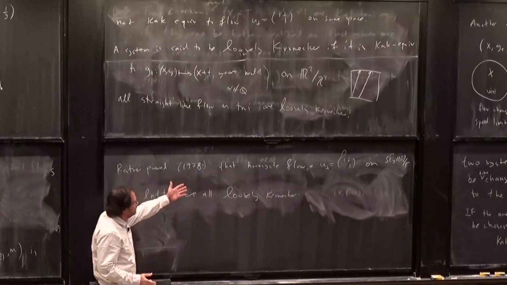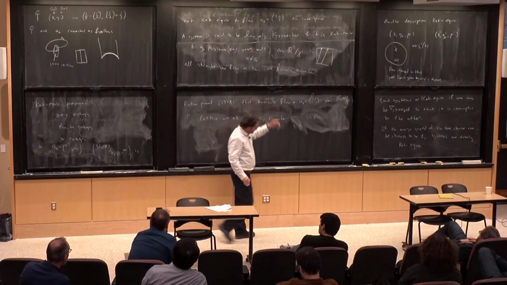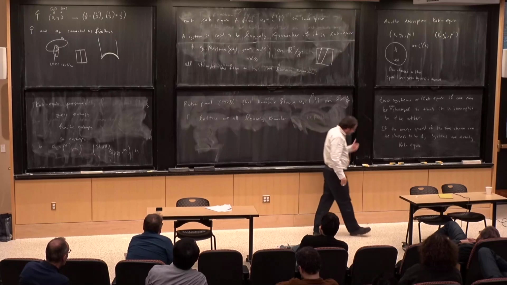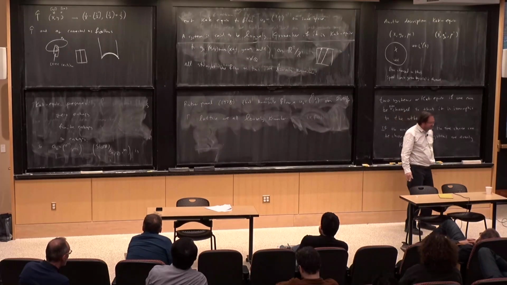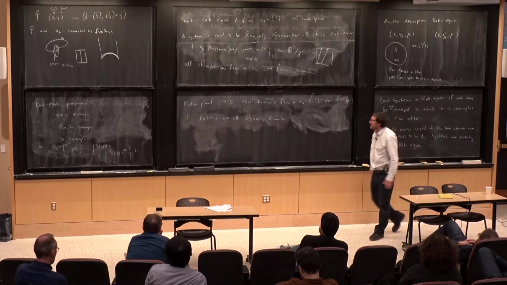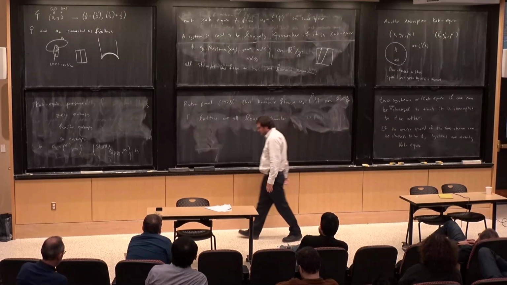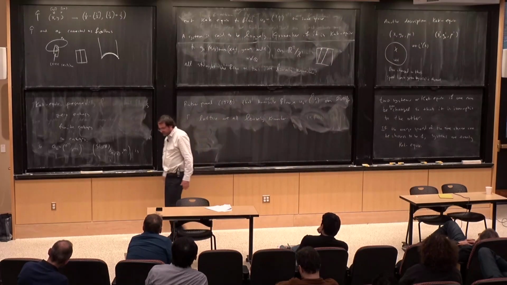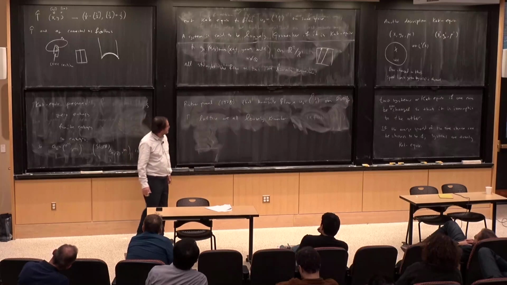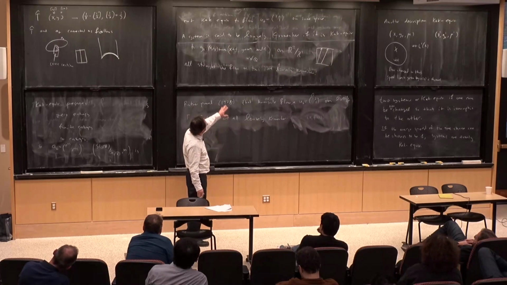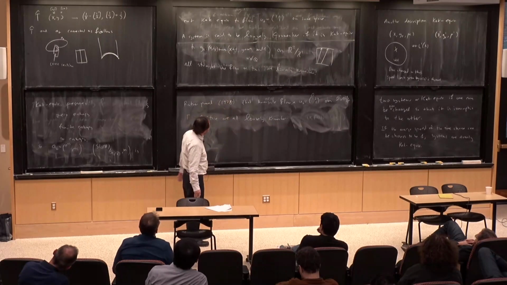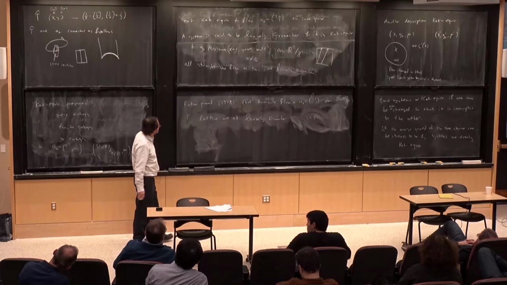These systems are mixing. The straight line flow on a torus is certainly not mixing, but there's still, you could change the time for the horocycle flow to get a straight line flow on a torus.